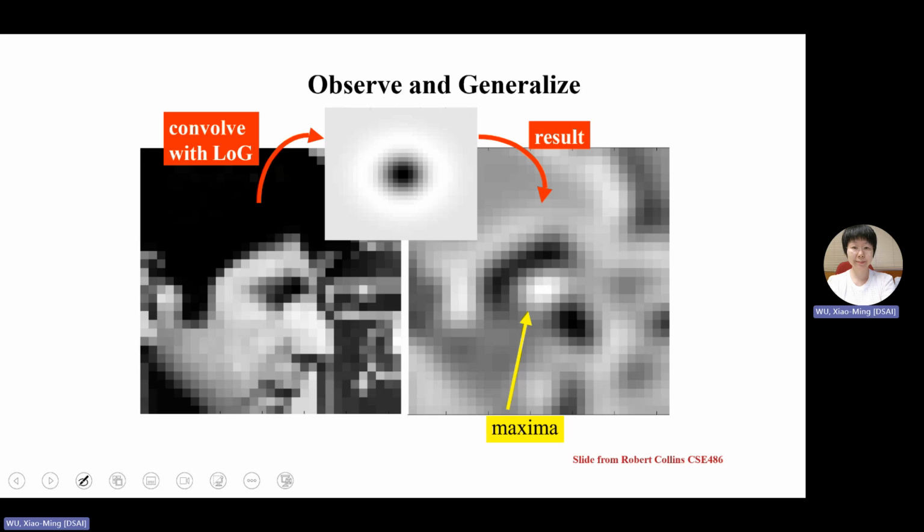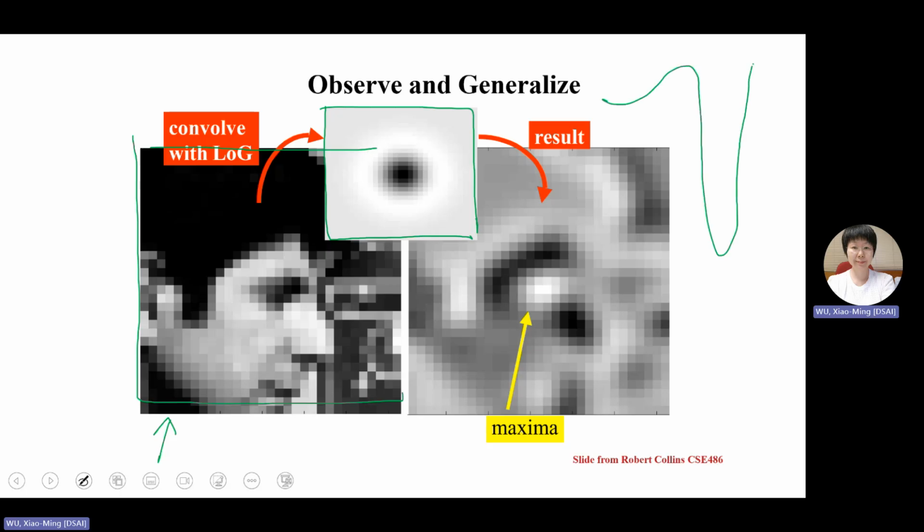We have explained this. This is the input image, and this is the head region. Now we convolve this image with the LOG filter. See, this is our LOG filter, and remember it has a shape like this.